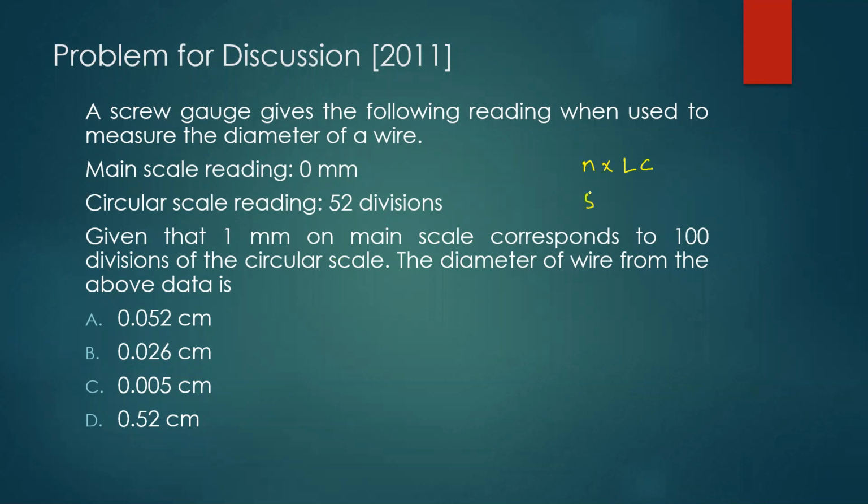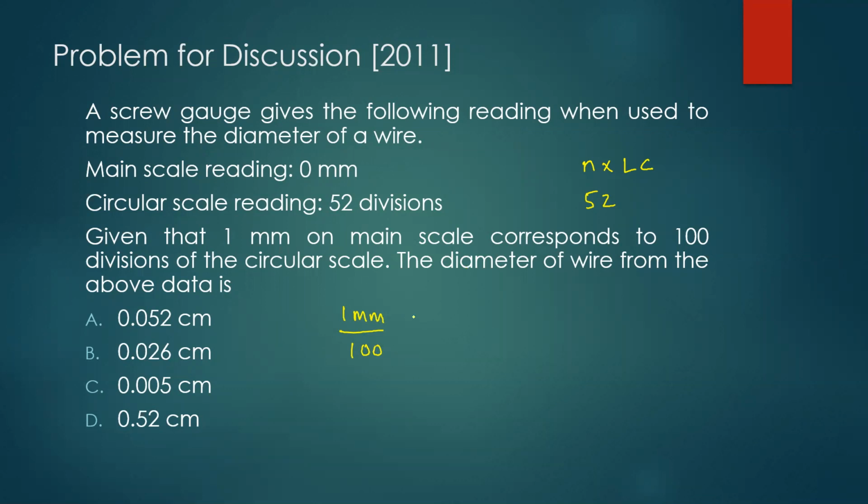So that is 52. So how do we get the least count for a screw gauge? You take the main scale division and divide by the number of divisions on the circular scale. So you have 100 divisions. When you rotate the screw by those 100 divisions, you advance 1 millimeter, right?